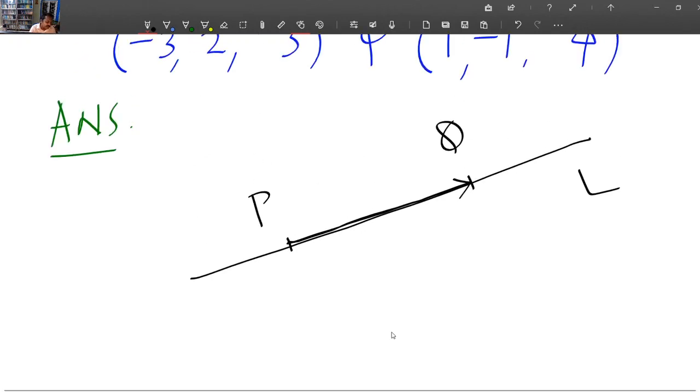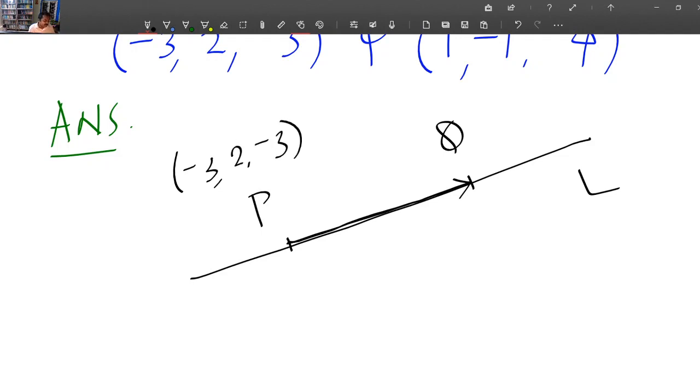So you let P be the point minus 3, 2, minus 3, and suppose that Q be the point 1, minus 1, 4.